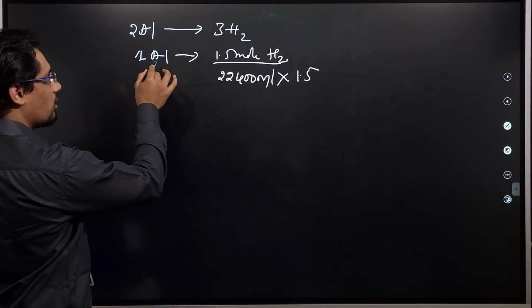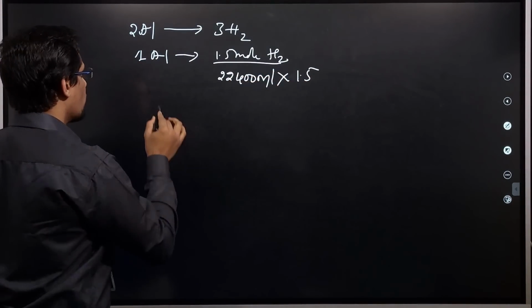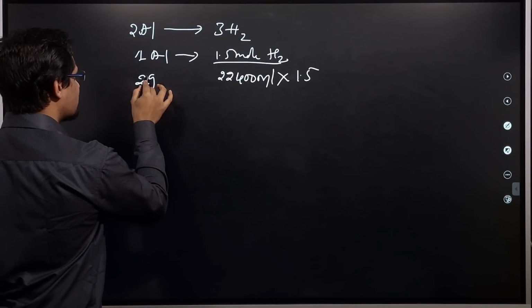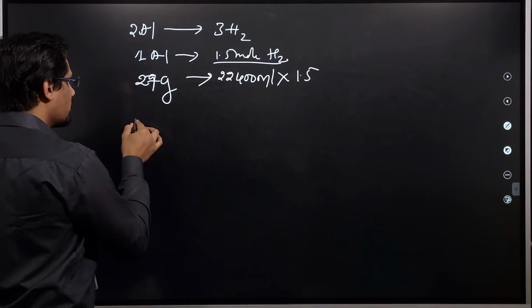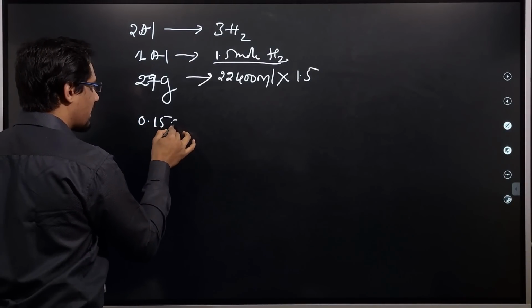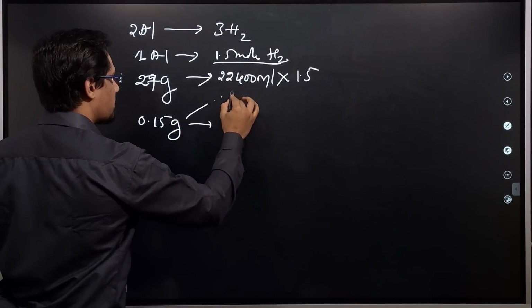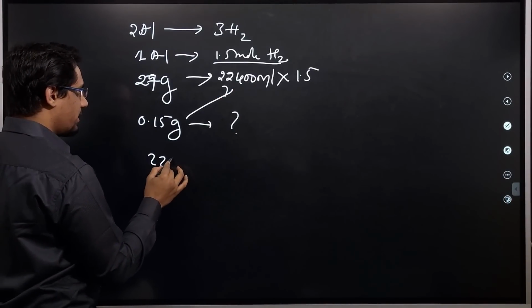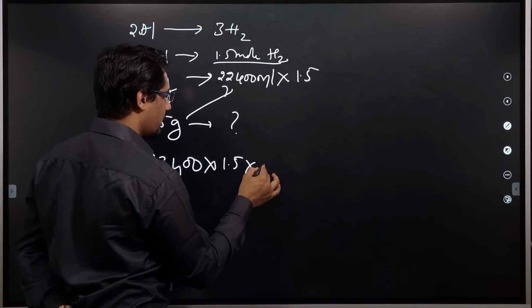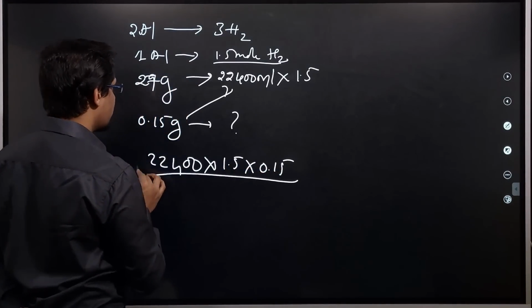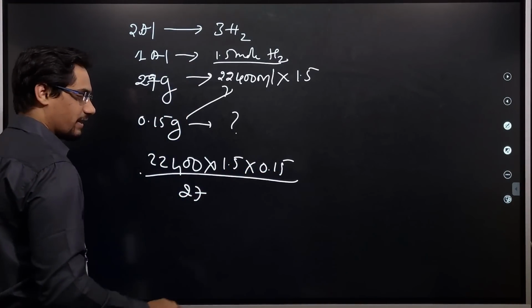So this is what I get for 1 mole of aluminium, that is 27 grams. Now I have 0.15 gram, so how much will it be? 22,400 into 1.5 into 0.15 divided by 27.